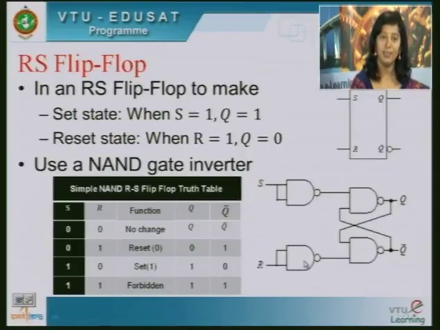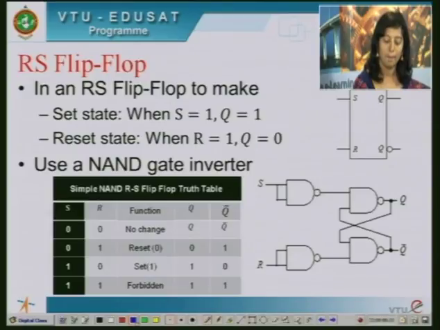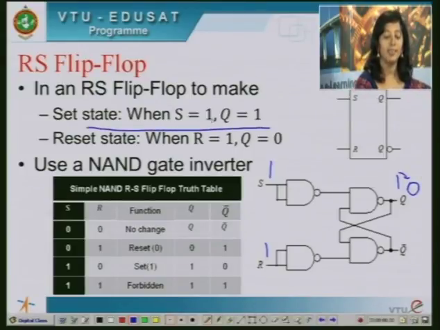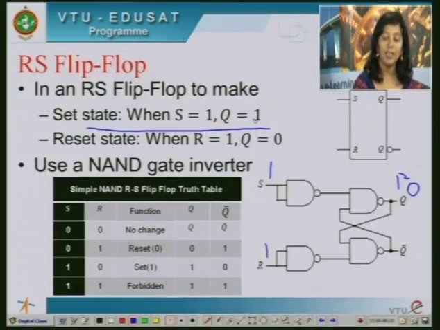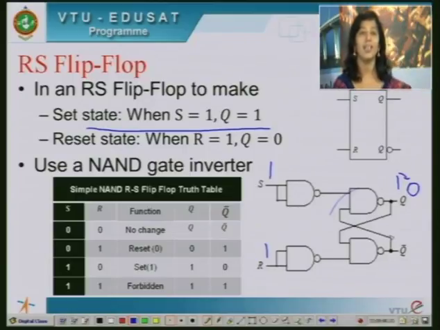The idea behind that is, whenever set is high, output Q should be high. Whenever reset is high, I want Q to be made 0. So, to achieve this condition, see here, set state is when S is high, Q should be high. What did I get in an actual NAND latch initially? We used complemented inputs, S bar and R bar.